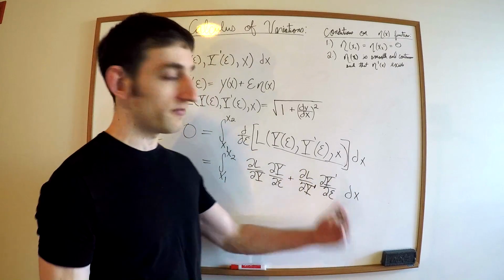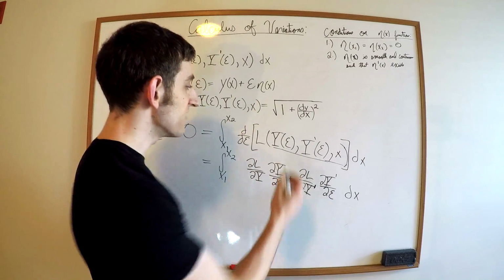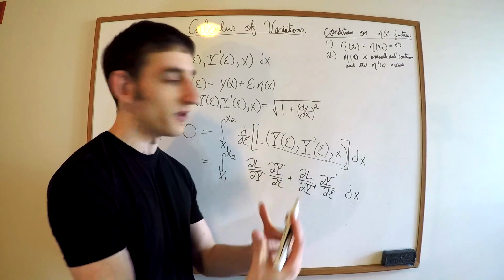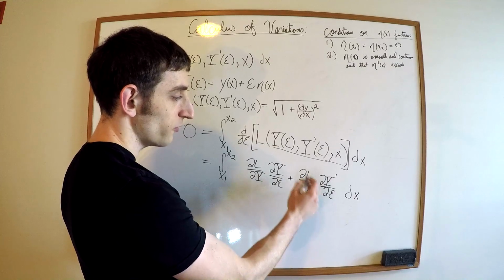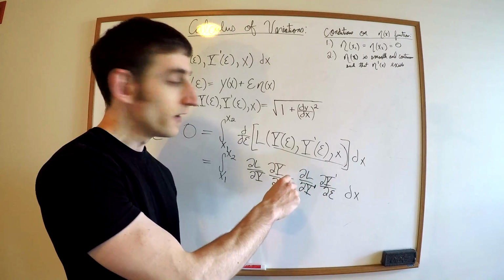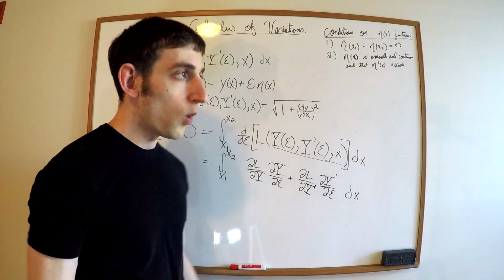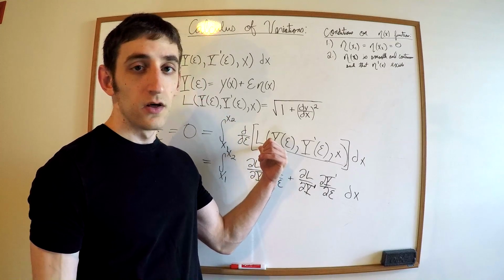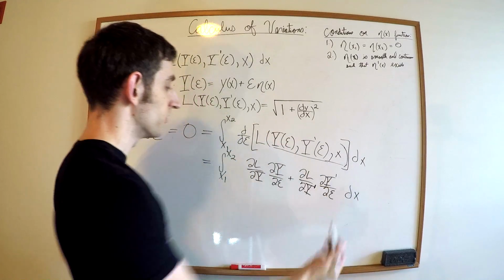Cancel that, we still have dL/d epsilon, but we have to account for the changes that each of these variables induce into the function, because this derivative here might change as a result of this, right? When we change epsilon, y prime might change a bit, and that's going to change our L. So when we take the derivative, we have to account for that, okay? That's why we have these two terms here.